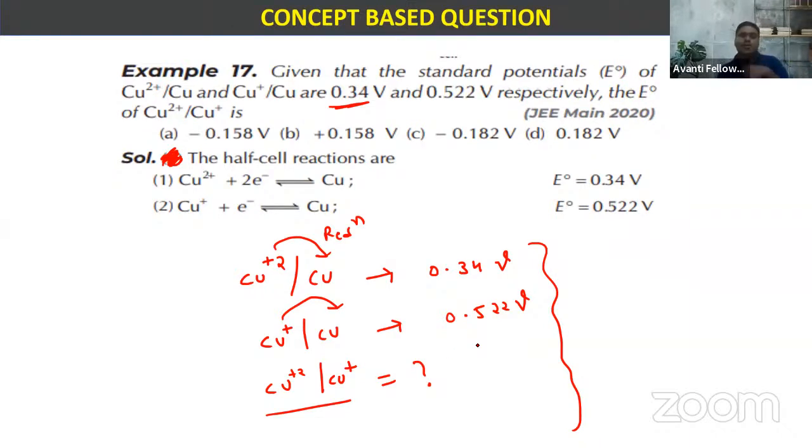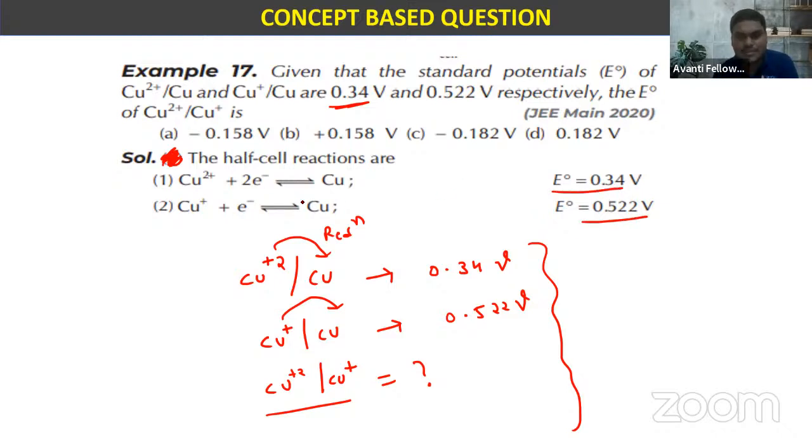Now they are asking what the electrode potential is when the reduction takes place from Cu2+ to Cu+. We know the values given are 0.34 volt and 0.522 volt.